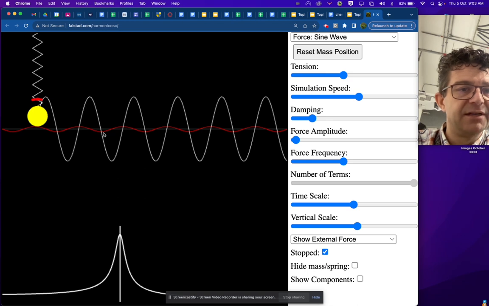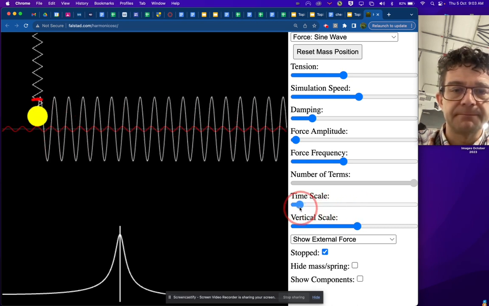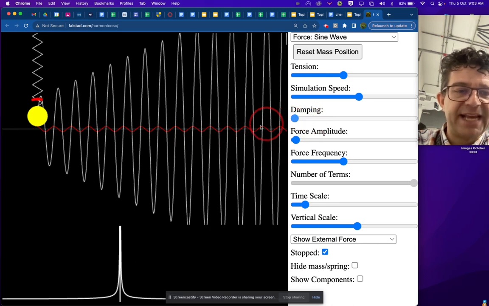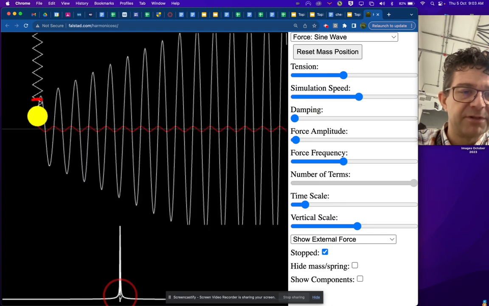And the maxima and minima for the drive are at the equilibrium position for the oscillator. Going back to no damping, I'm going to line this curve up with the resonance frequency, or the natural frequency of the system. And we're going to see what happens when the damping is increased.